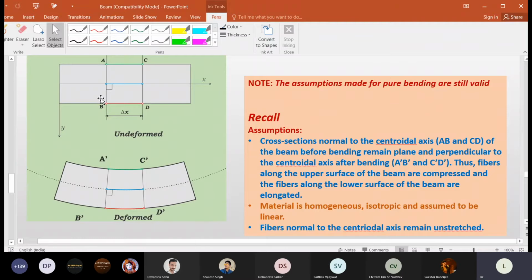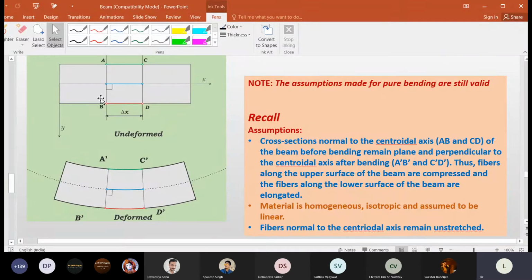In our case, I think it is v. EI d square v by dx square, because that is the curvature. EI into curvature will be equal to the applied moment. That is what they derived. But they could derive those equations based on these assumptions. Those equations were very simple to solve and they were very happy.